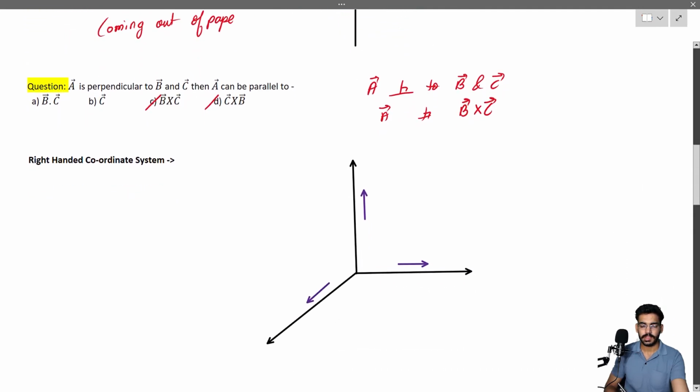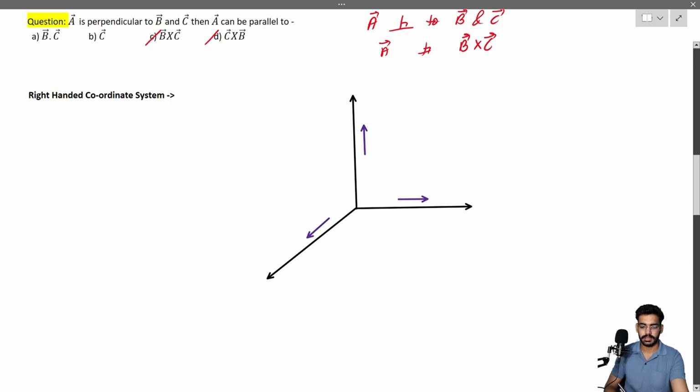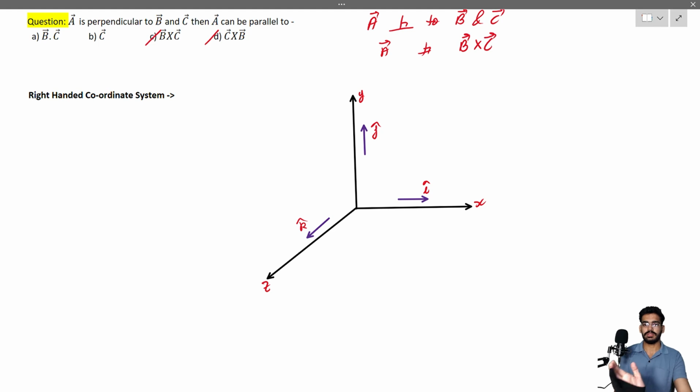Next thing, from the cross product only we draw a right-handed coordinate system. Our coordinate system also follows the cross product. Okay, how? This is your x-axis, this is your y-axis, this is your z-axis, right? This is i cap, this is j cap, and this is your k cap. If you see here, you do i cross j, i cap cross j cap.